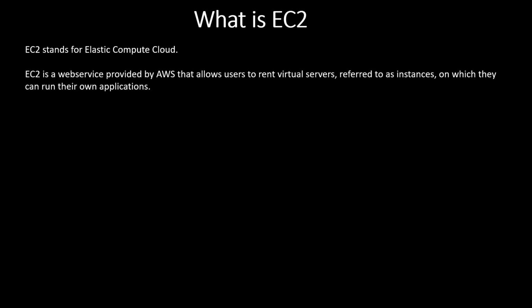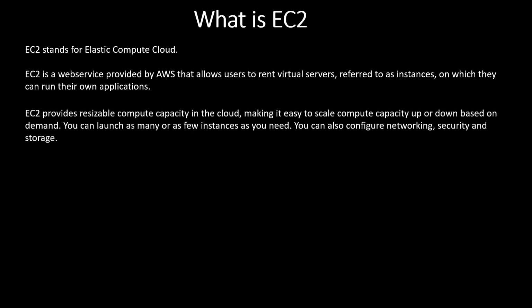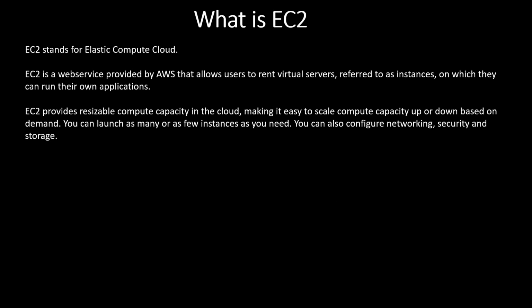EC2 is a web service provided by AWS that allows users to rent virtual servers, referred to as instances, on which they can run their own applications. EC2 provides resizable compute capacity in the cloud, making it easy to scale compute capacity up or down based on demand. So this is what elasticity means.